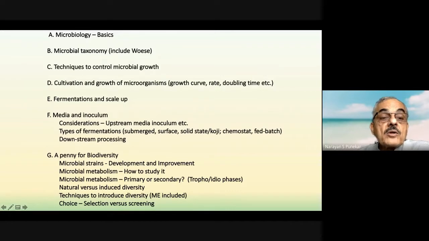Then the more important aspects of media and inoculum development, how people do this on an industrial scale, and then obviously the strain development and the microbial biodiversity, which can be used for betterment of humankind. These are the things that we'll spend time on. Of course, the last section will be very loaded. This is where we'll spend a lot of time at a later stage, and maybe also a couple of seminars on this as we go along. So that's what we will do.